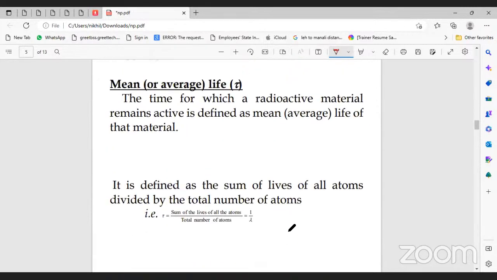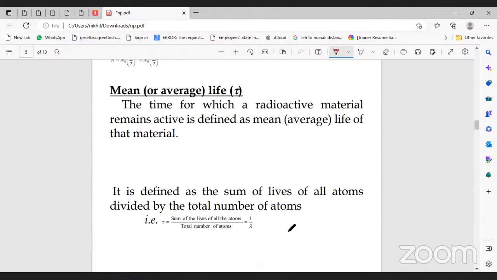Then, how to calculate the mean life or the average life? What is mean life or an average life? It is the ratio of the total life of all the atoms to the total number of atoms.